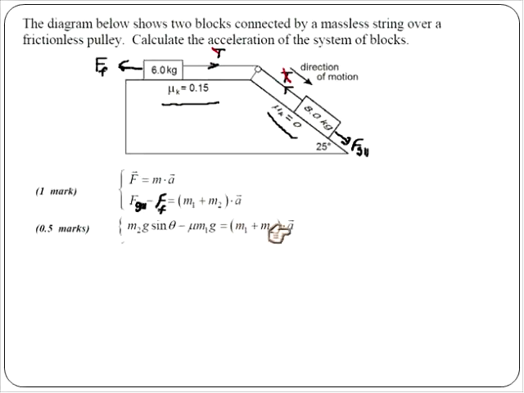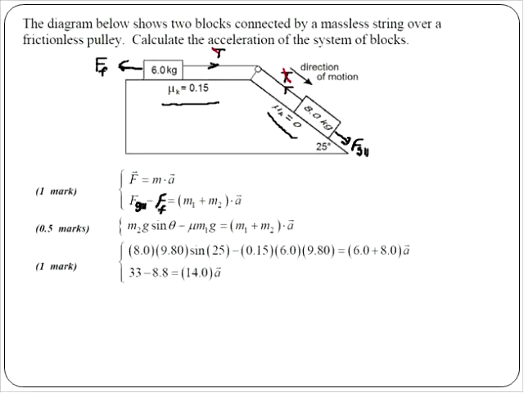Mass 1 plus mass 2 times acceleration. There's your expression. Fill in the numbers. Okay, for filling in the numbers in this question in the right place, you actually got another mark. And then a half a mark for the actual answer, which turns out to be 1.7.